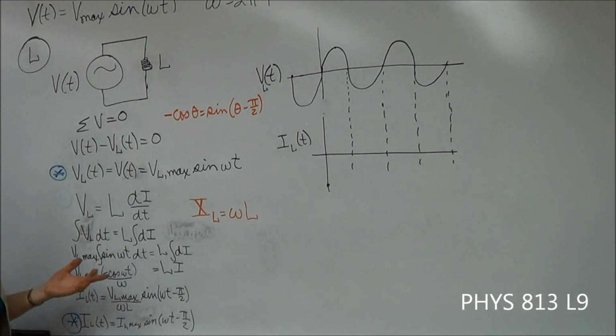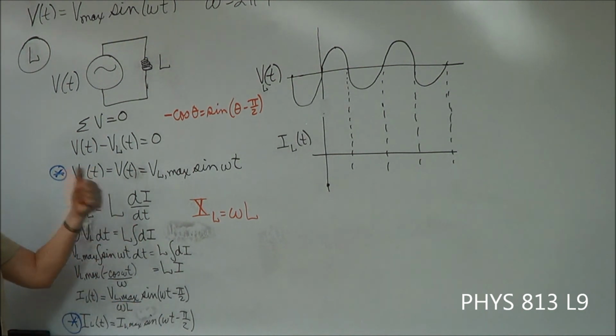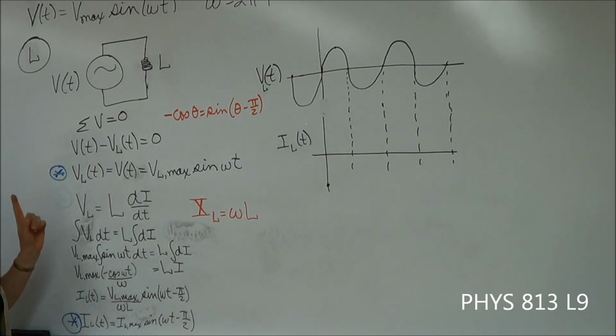And that matches our rule before that seemed to always be backwards to me. In the capacitor, when we had a plus pi over 2, we moved the graph to the left. Now that we have a minus pi over 2, we move the graph to the right.